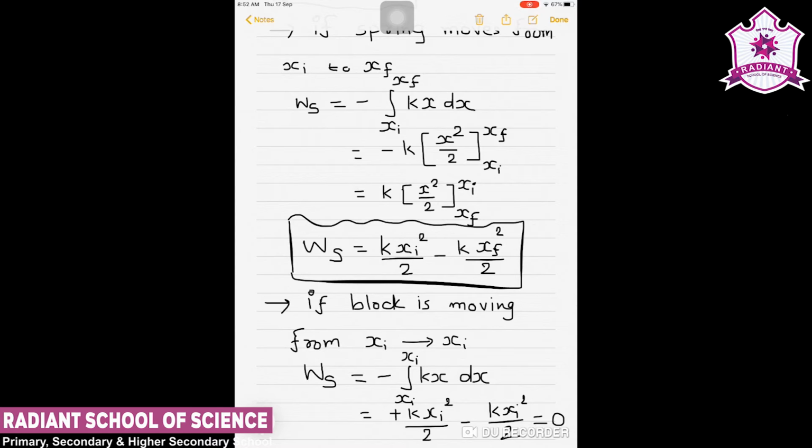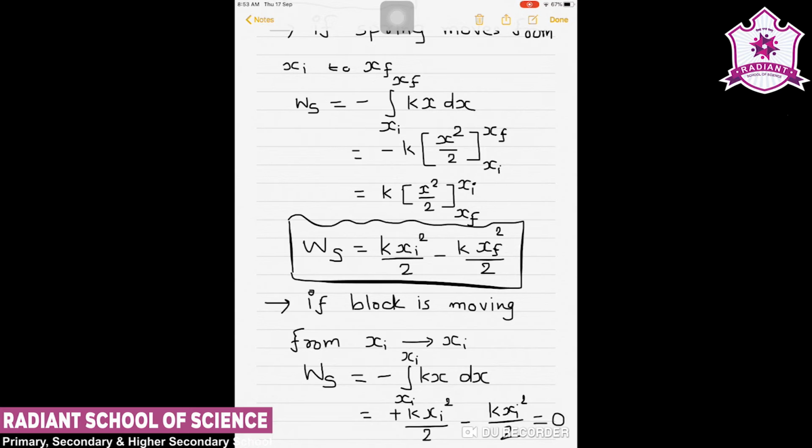Now we have explicitly demonstrated that the spring force is, first, position dependent only, as first stated by Hooke.